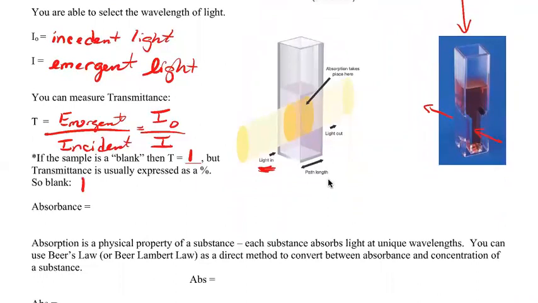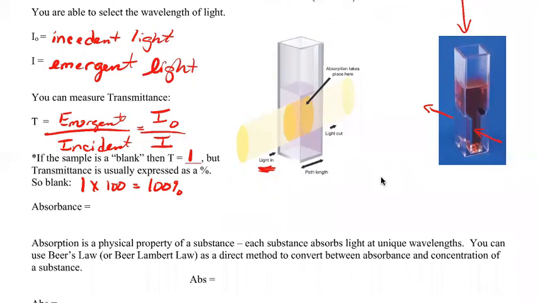So you're going to take whatever value you get, multiply it by 100, and you get percent transmittance. And that's good, but it doesn't necessarily tell us what we need to know about our sample of interest, our protein that's inside of this cuvette. What we really want to know is something called absorbance.